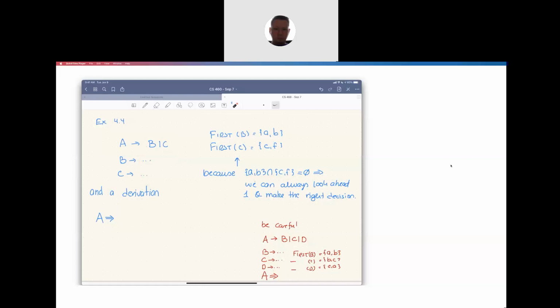Because if any of those intersect non-empty, which they all happen to do, I can't make it a correct choice.